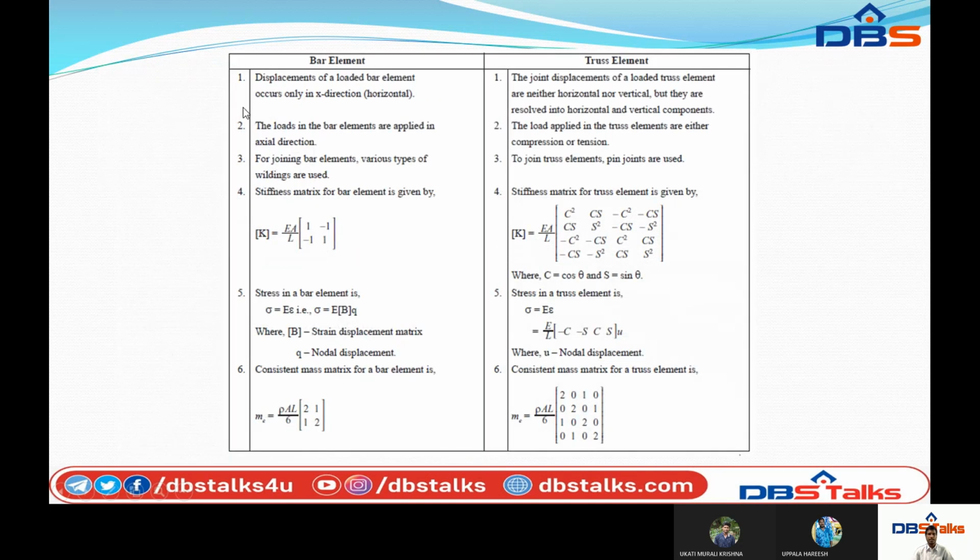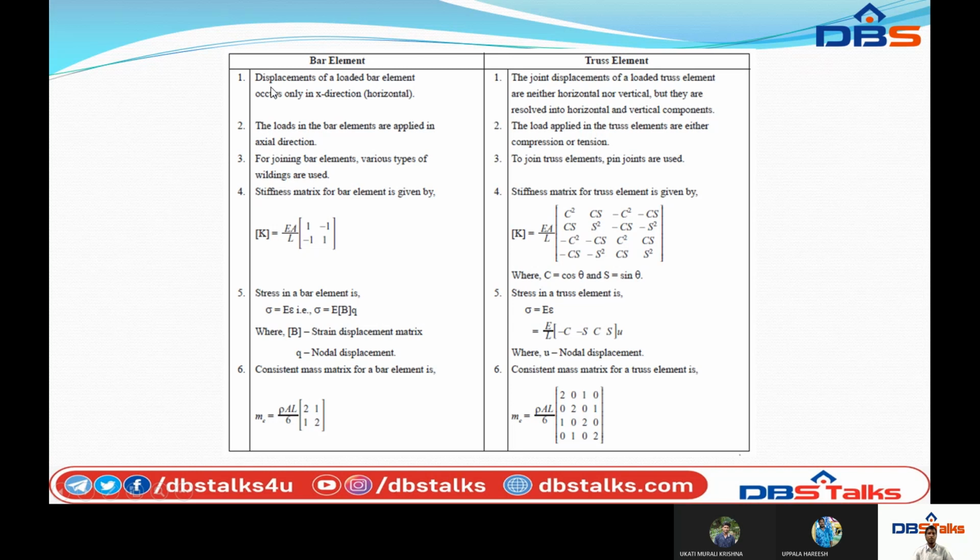Then coming to the main differences, they ask you to distinguish between the bar element and the truss element. You have to write all these points for the bar element versus the truss element.